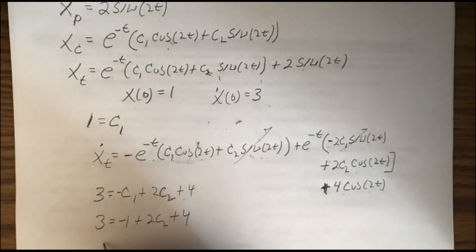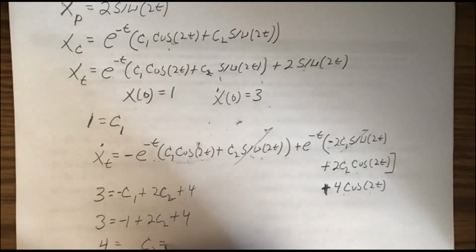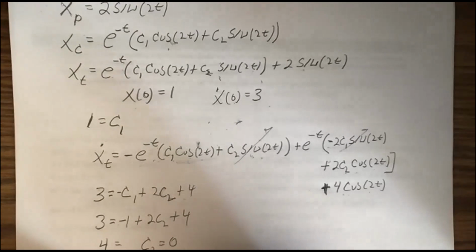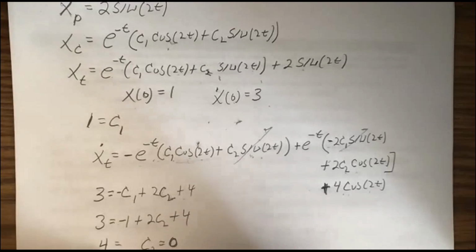So this is telling me that that 4, right, okay, so this is telling me that C2 is going to be equal to 0. Right, so C2 is equal to 0. Okay, it's not going to matter. When I bring this over to here, C2 is equal to 0.